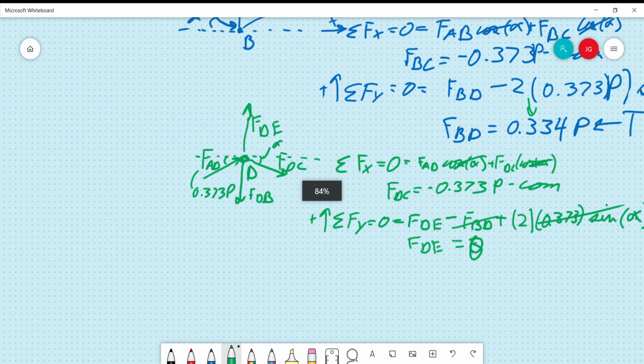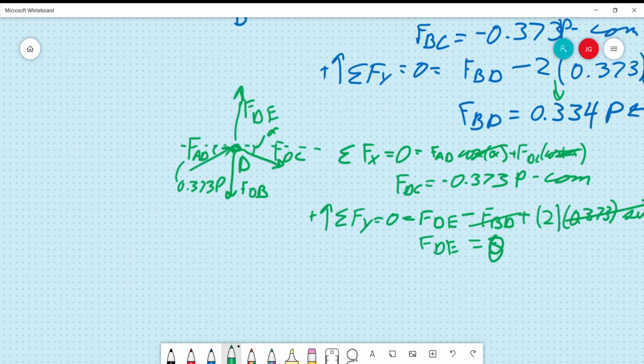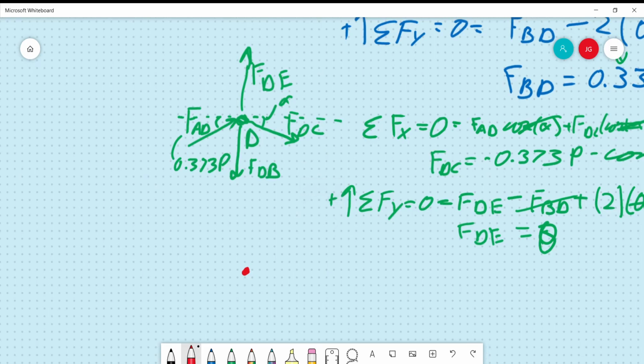Down to the last point, point C. Super easy now, because I have actually solved for 2 of the forces that are going to it.